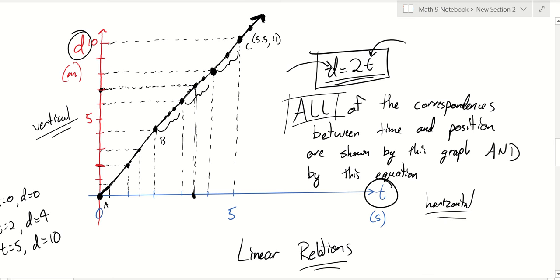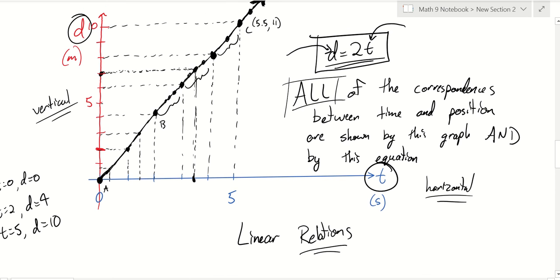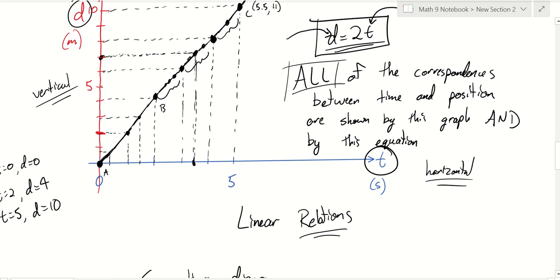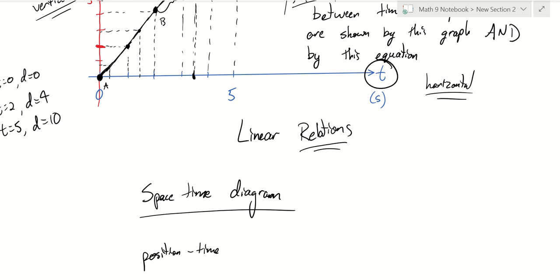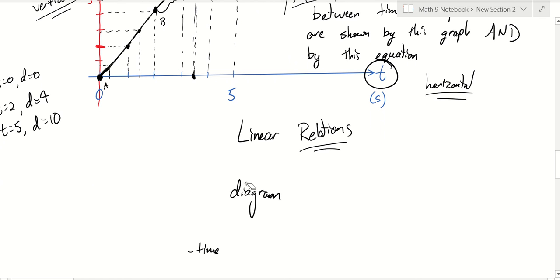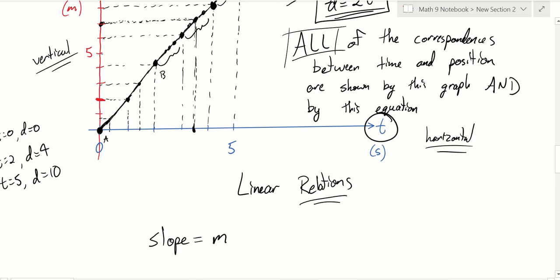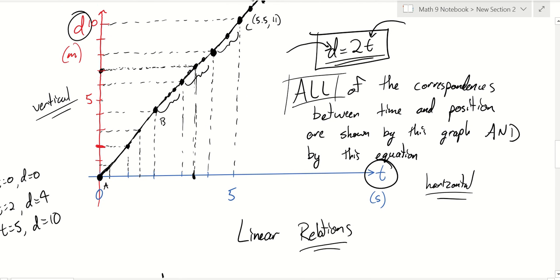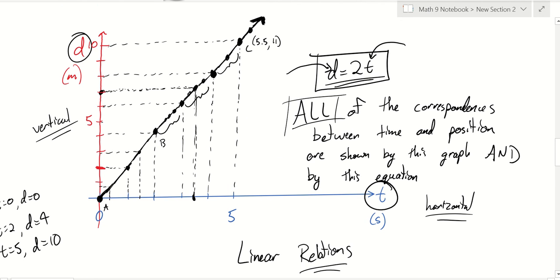Another thing that we can notice here is that this particular line has a slope. We could say the slope is the m value. Another way of saying this is this particular line has a steepness, an incline to it.